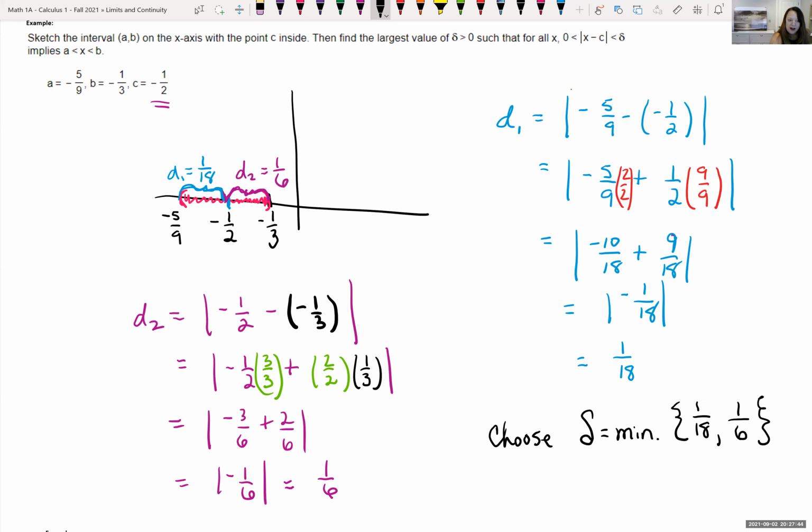When you're comparing fractions and seeing which one is smaller, sometimes it's helpful to rewrite them with a common denominator. I noticed that 1/6 is the same thing as 3/18. And 1/18 is smaller than 3/18. So we're going to choose delta to equal 1/18.